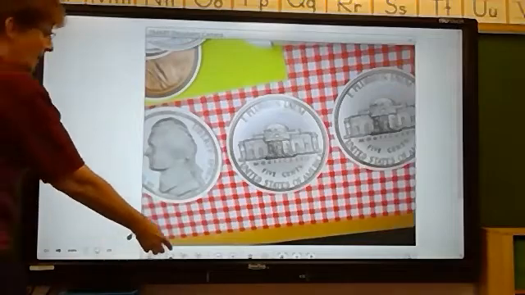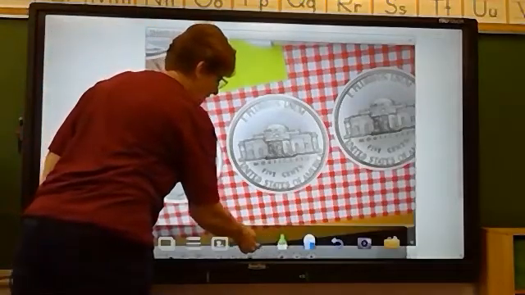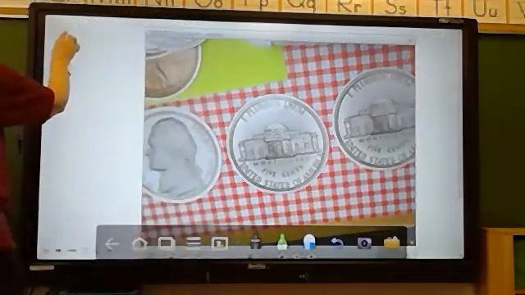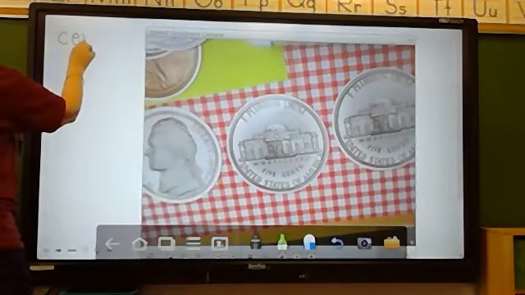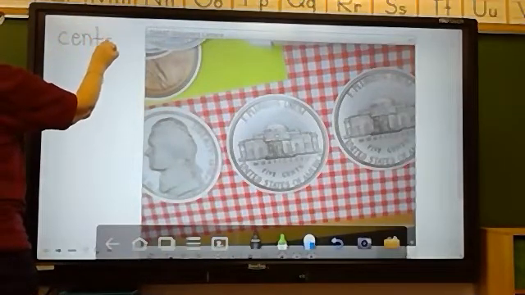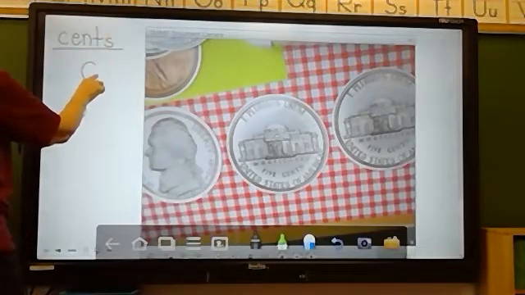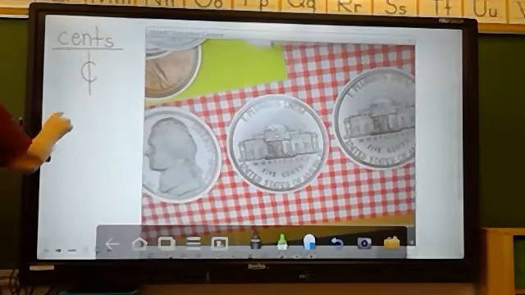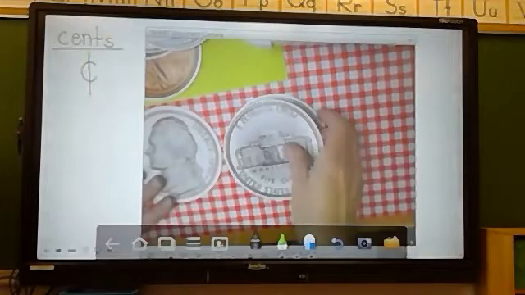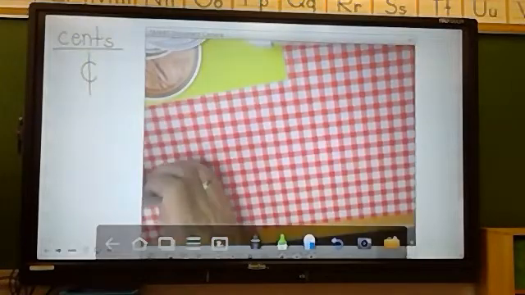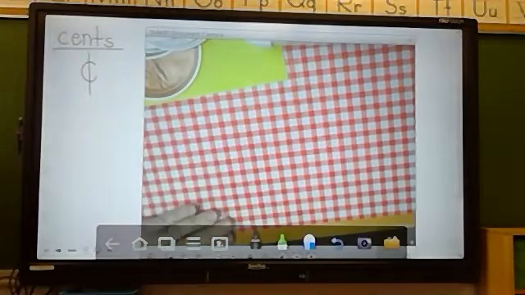And you remember that we said you can use the word cents, C-E-N-T-S, or you can use the symbol for that word, which is a lowercase c with a lowercase l down the middle of it. Okay? Now, on Friday, we counted pennies all by themselves, and we counted nickels all by themselves.